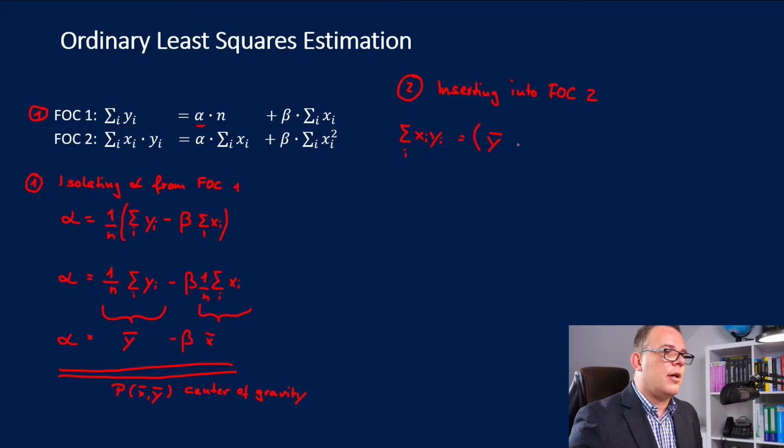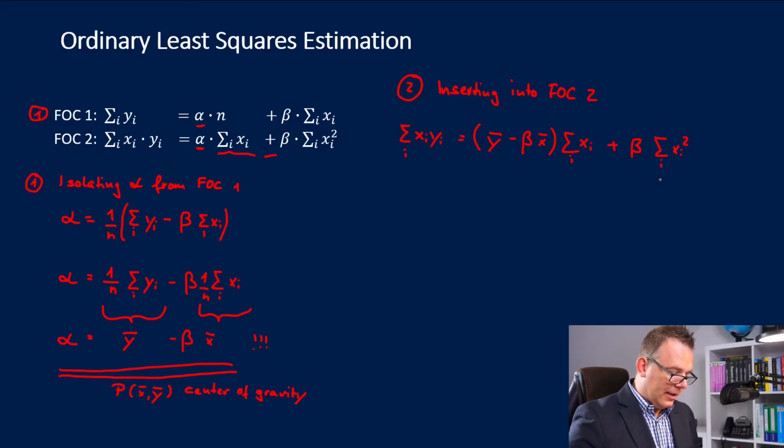So epsilon bar minus beta x bar. So this alpha is replaced by this result here. Of course, we have to multiply this by the rest of the formula here, so times the sum across all i xi plus beta times the sum across all i xi squared.